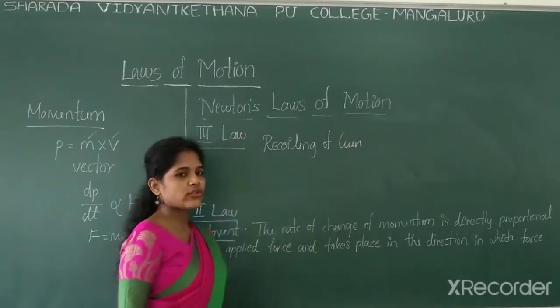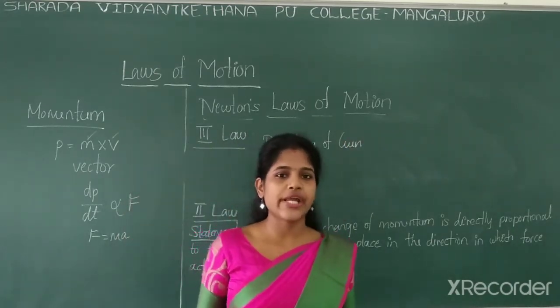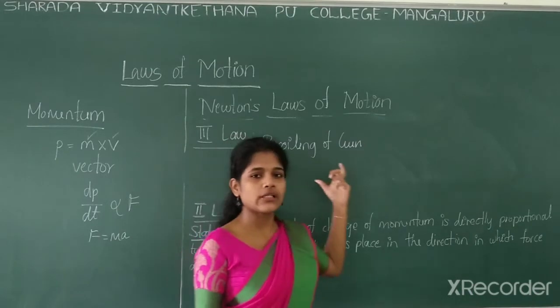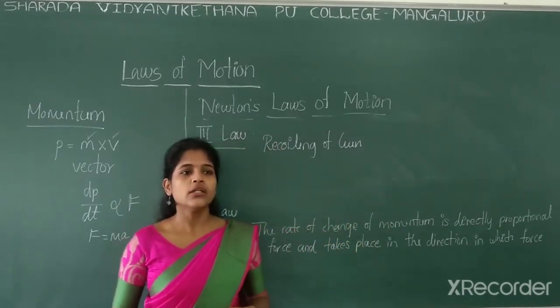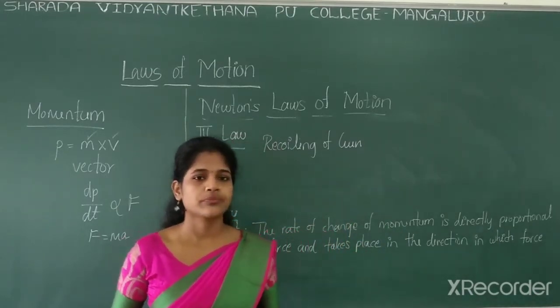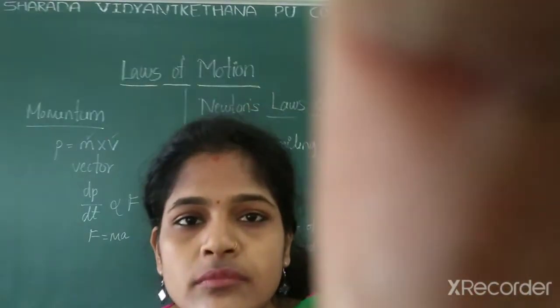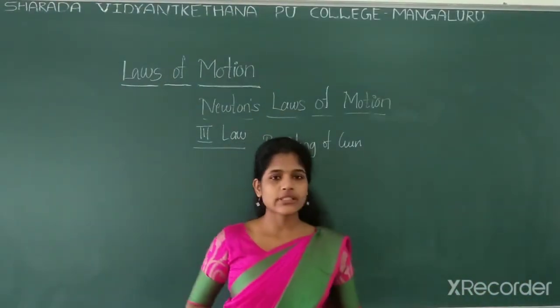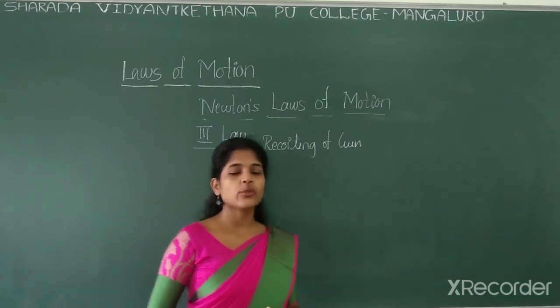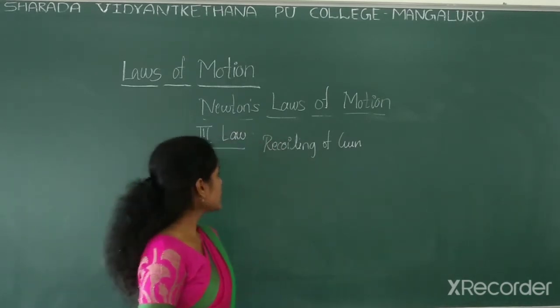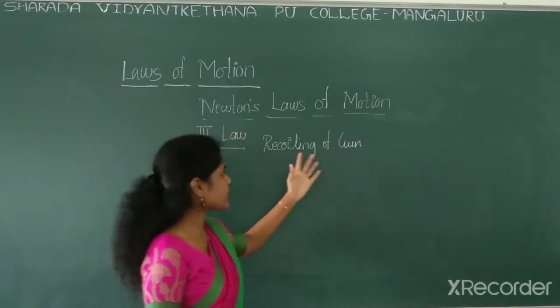So for every action there will be an equal and opposite reaction. Okay, so what is that recoiling of a gun? For that I have taken the example of recoiling of a gun.